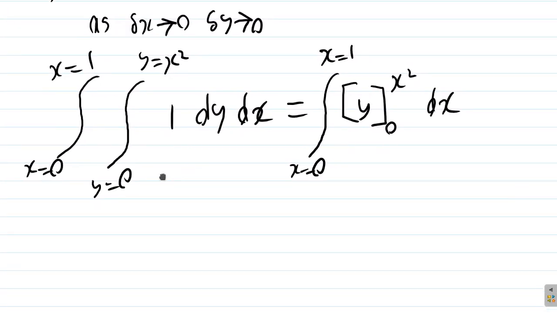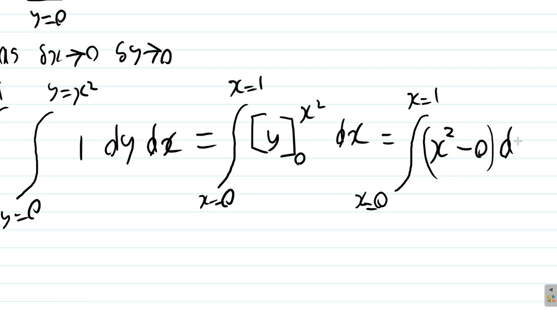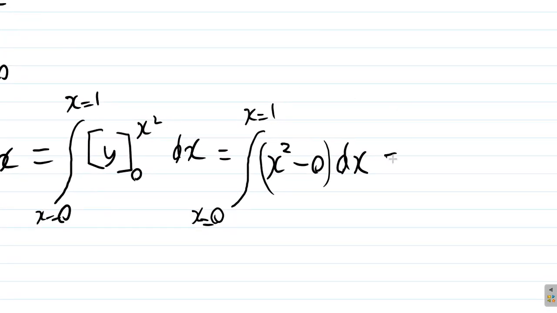This is equal to the integral from x equals 0 to x equals 1 of the upper boundary x squared minus the lower boundary 0, dx. And then we have the integral from x equals 0 to x equals 1 of x squared dx.